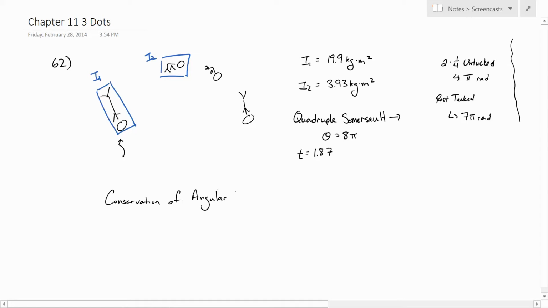Now you might be wondering, how do I know this is conservation of angular momentum? Well, I will tell you. I know it's conservation of angular momentum because there is spinning and because there is no external torque.